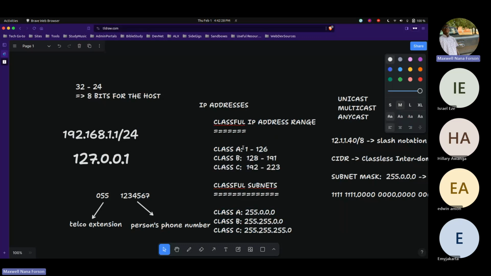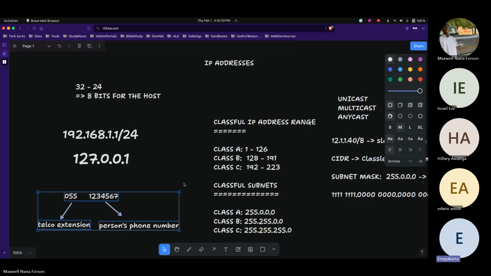I'm just saying that any IP address that starts with 1 belongs to class A. Same for class B and class C. That's how they start. By how they start, I'm talking about the first octet, the very first number. That's what I'm just trying to put across over here.